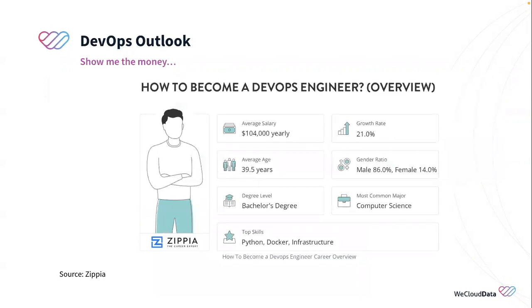And Zippia has a nice summary overview of the DevOps engineer profile and also some of the properties as well. So again, average salary roughly six figures, growth rate, a very healthy growth rate, 21% year over year. Average age, interestingly, this is kind of, I'd say, mid to sort of on the older range.